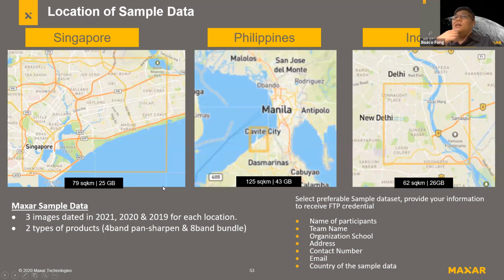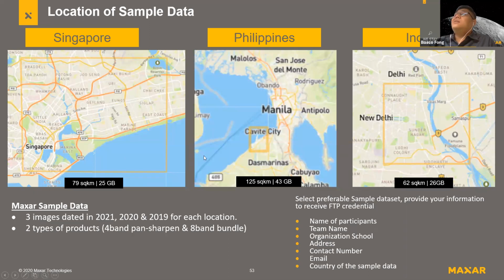For our MEXA sample data, we arranged 2 types of products. They include a 4-band and an 8-band bundle, so you can try and experience using 8 bands for your analysis or your project. For these 3 sample data sets, we selected 3 images from different years for each set.